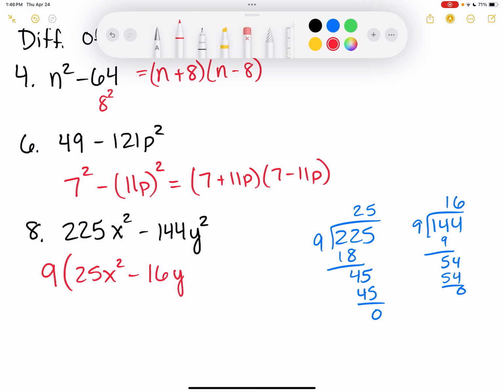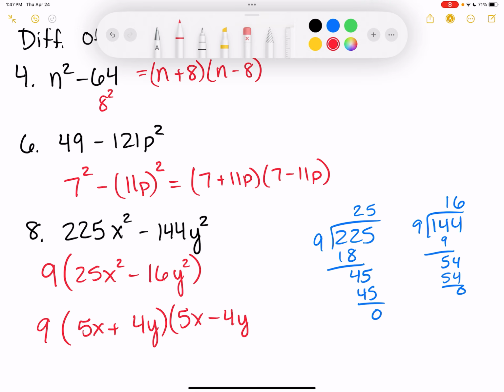And then we can do this as a difference of squares because these are things that we know and are easy to work with. And so this would be 9 times, now I'm dealing with what's actually in here. 25 is 5 squared, so this would be 5x the first term, plus 4 squared is 16, and then that's y, so 4y times 5x minus 4y.